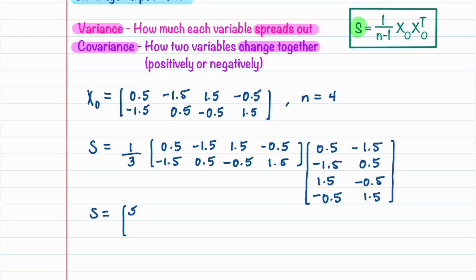We have 5/3 along the diagonal entries, and our off-diagonal entries are -1. The 5/3 values are the variances, and then the -1 values on the off-diagonal are the covariances.